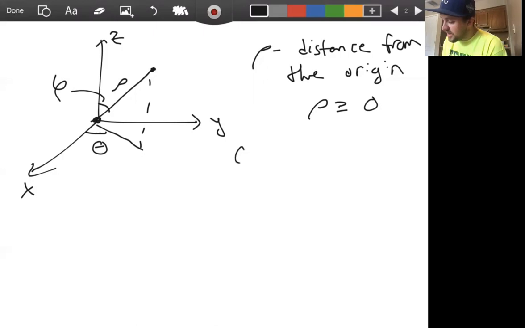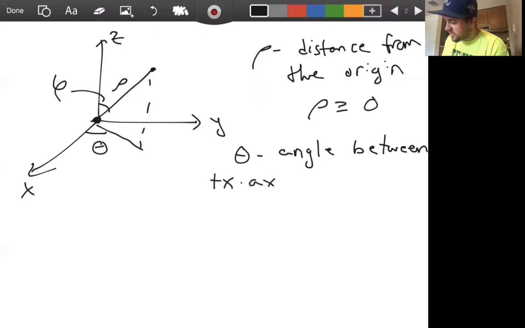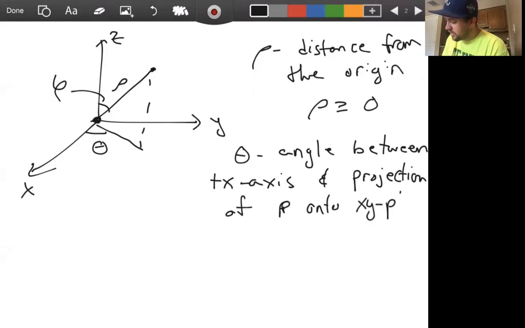We have theta, which is the angle between the positive x-axis and the projection of rho onto the xy plane.